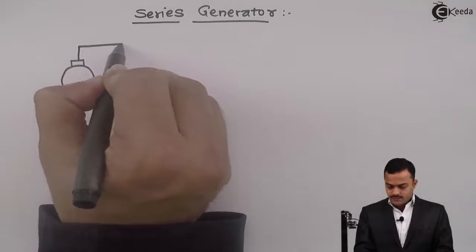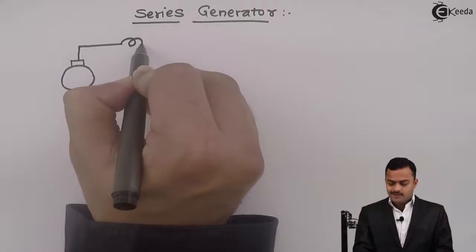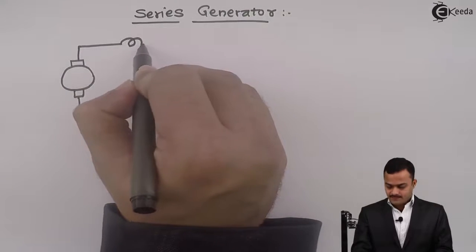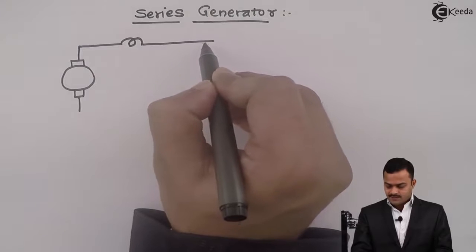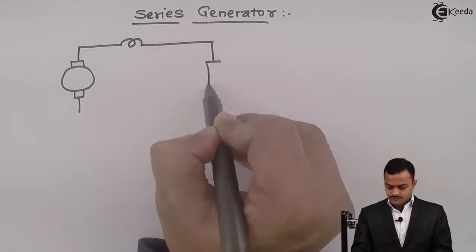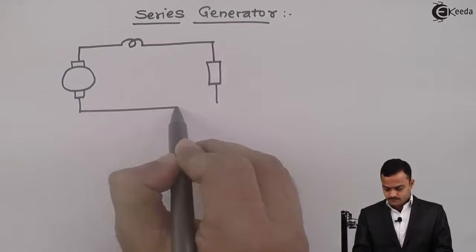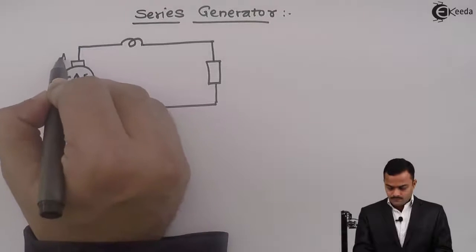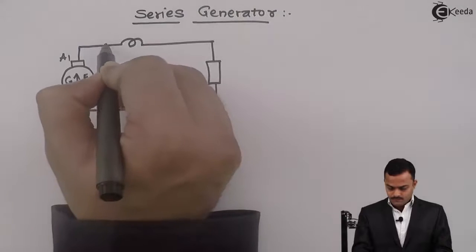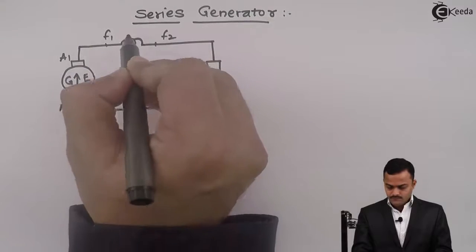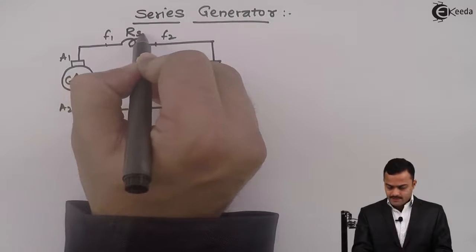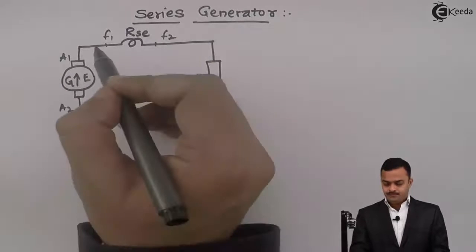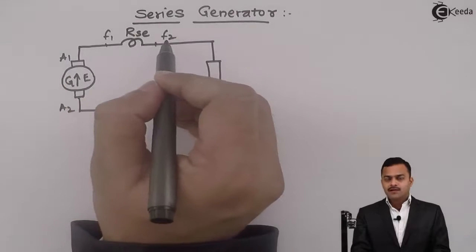To this, we have the field winding connected in series, and this is connected to a load. RSE is the resistance of the field winding.